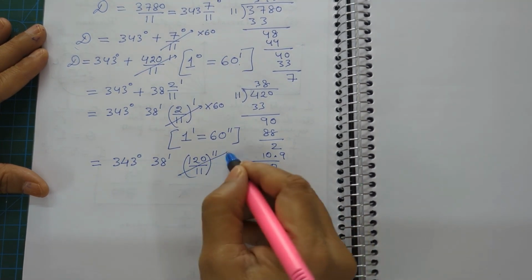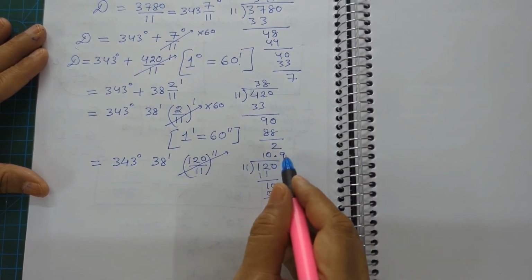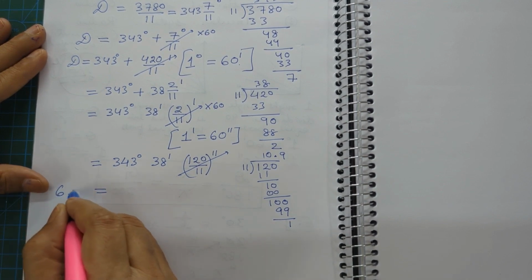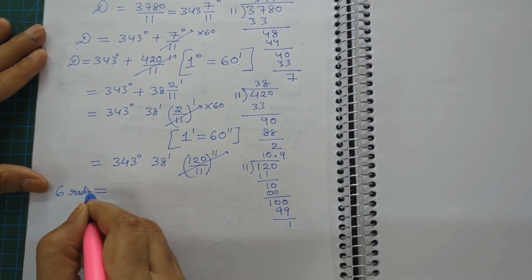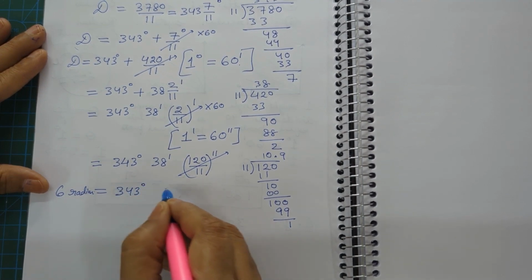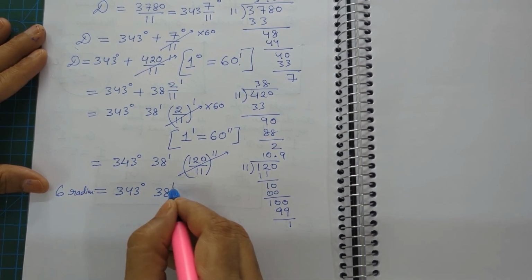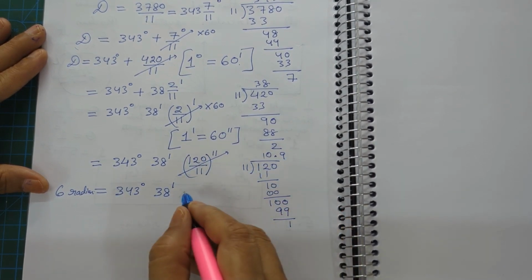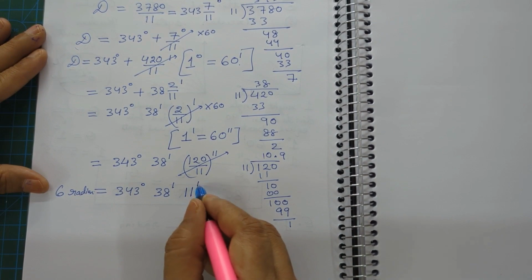So this is approximately 10.9 seconds. So 6 radians in terms of degrees is 343 degrees, 38 minutes, and 10.9 seconds, which we can round up as 11 seconds.